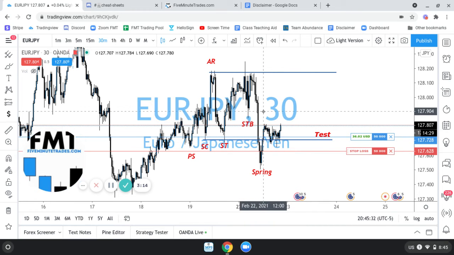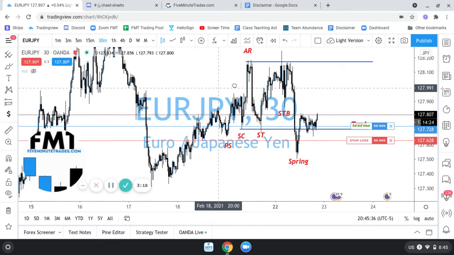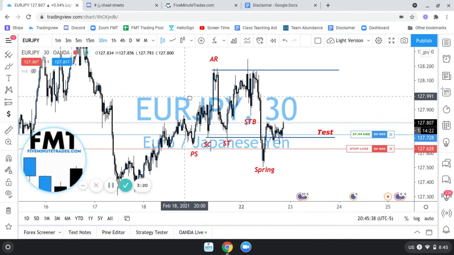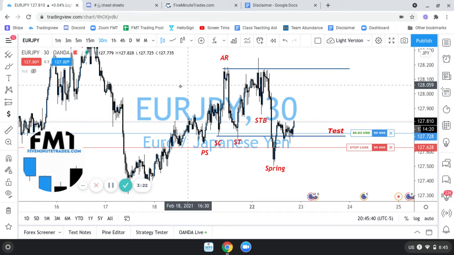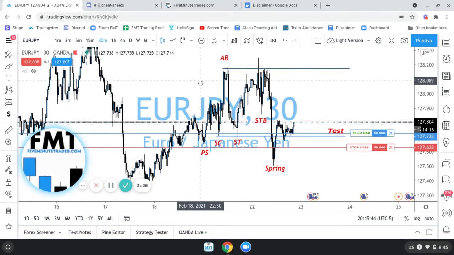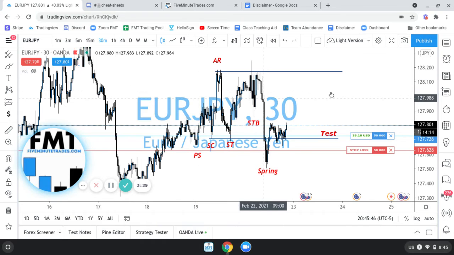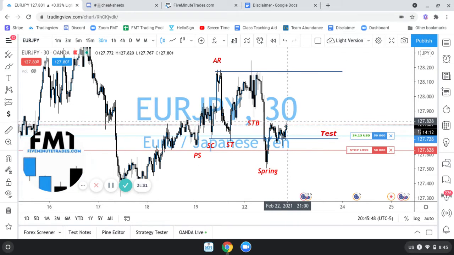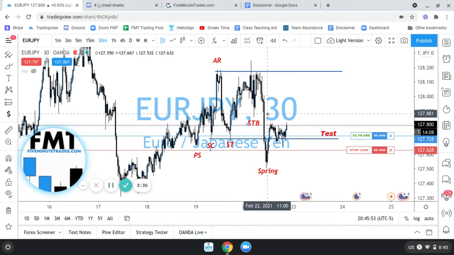I started marking this up the other day, and when I first marked it up, I was assuming that it was a distribution, which means they're selling off their position. But as I was watching the market more throughout the day and saw this spring, that made me believe it was more so accumulation, because you have accumulation and distribution.